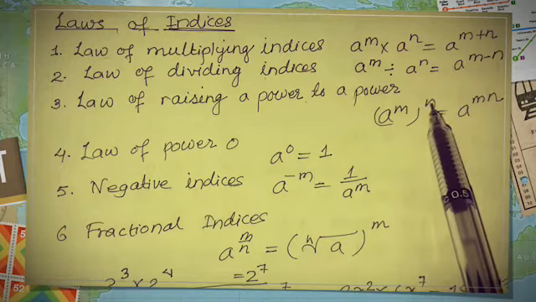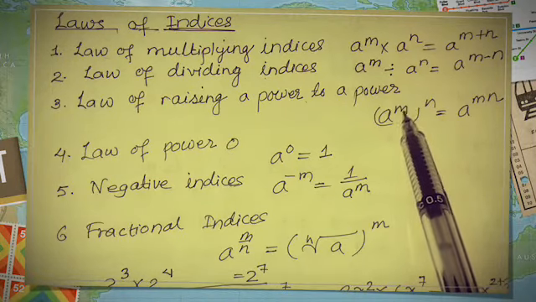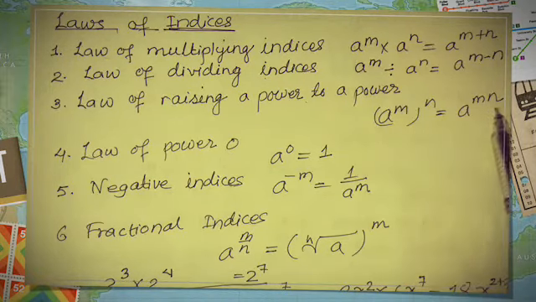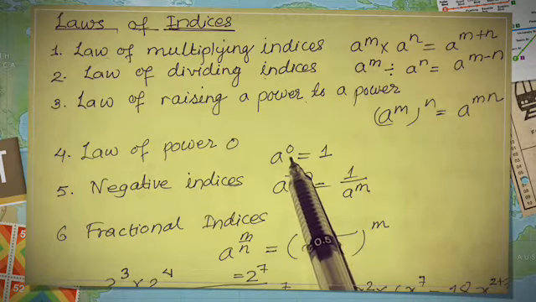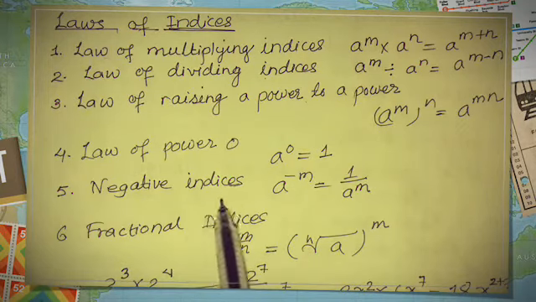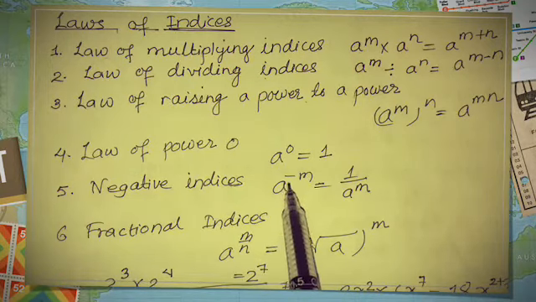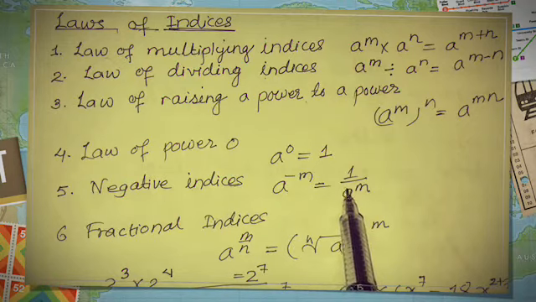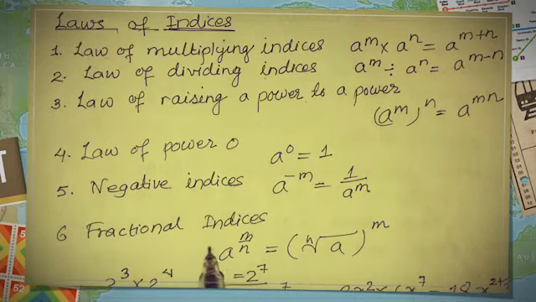If there is another power to another power, then those powers are multiplied like this. And a to the power 0 is 1. Negative indices can be made positive by dropping down to the denominator. And for fractional indices, the denominator gives the nth root of the remaining term.